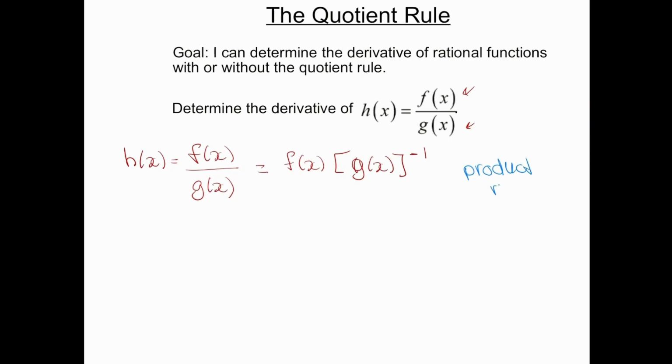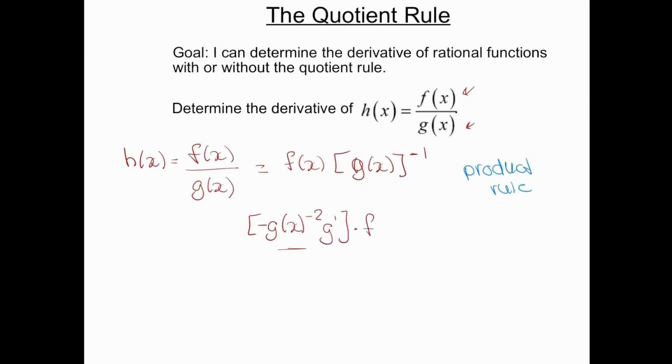Now let's use our product rule. So I am going to end up with -g x to the -2 times g to the power of 1 times f. So this is my derivative.